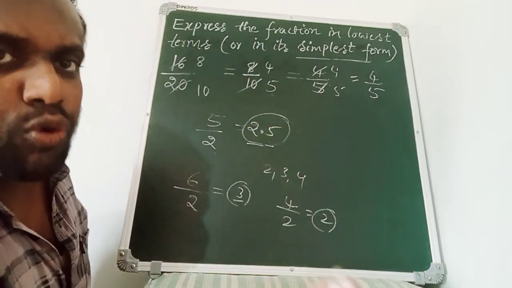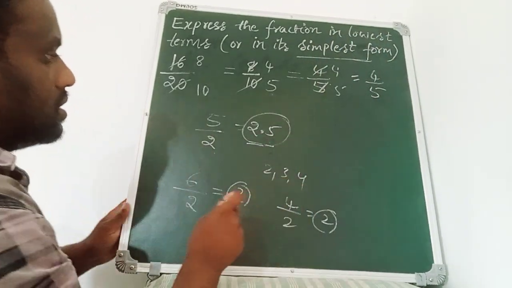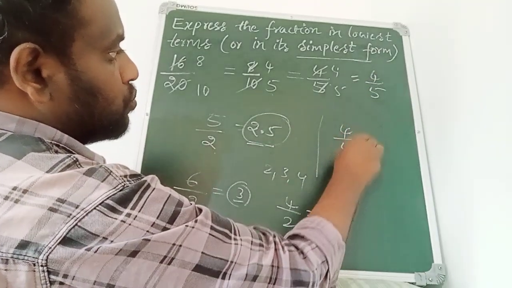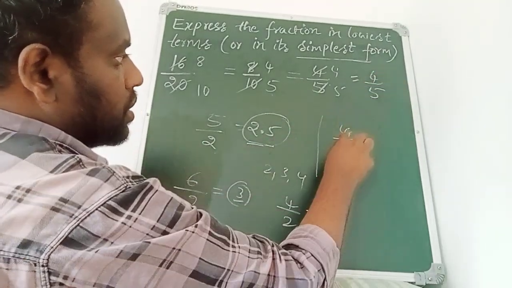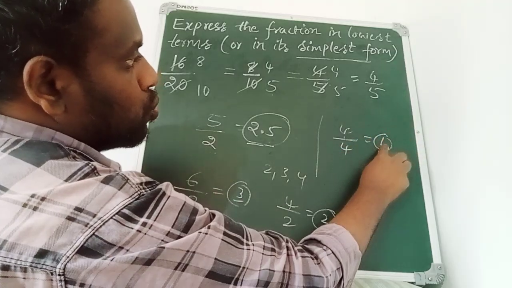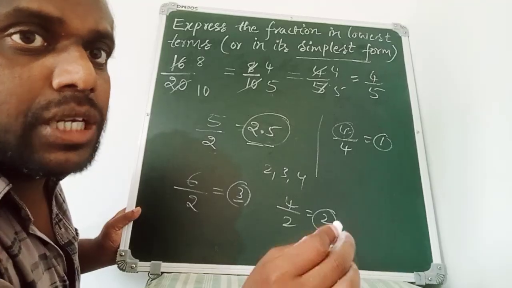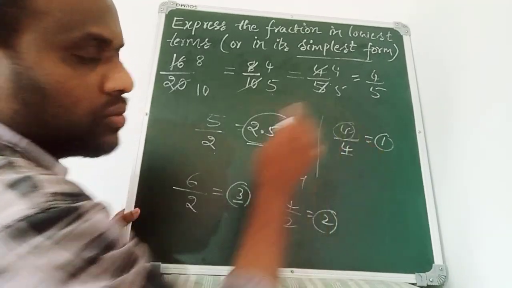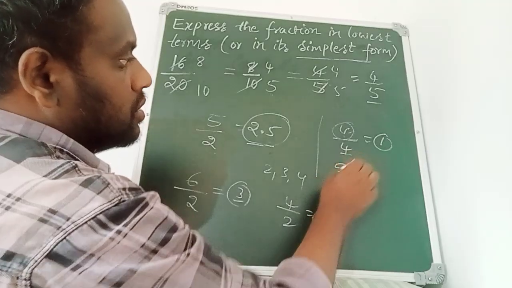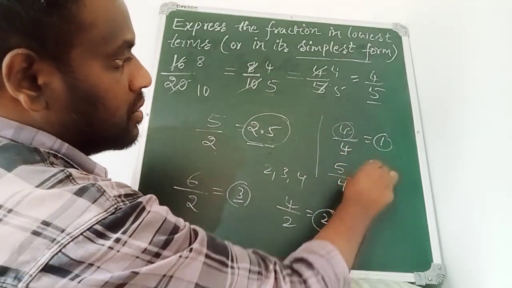For example, if you take 4, this 4 can be divided by 4 completely. I take this 4 and divide by 4, we get 1. So 1 is a whole number. That means this 4 is completely divisible by 4. But I will take this 5 and divide by the same 4 again.